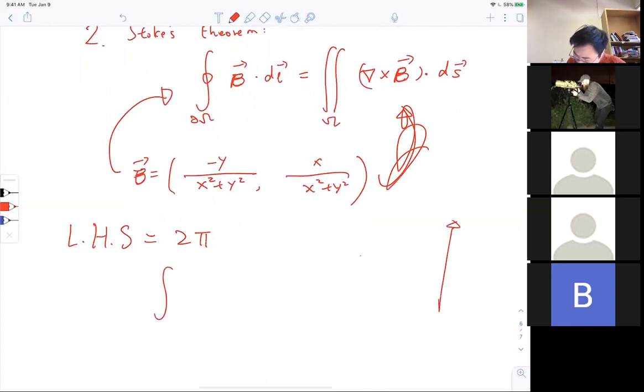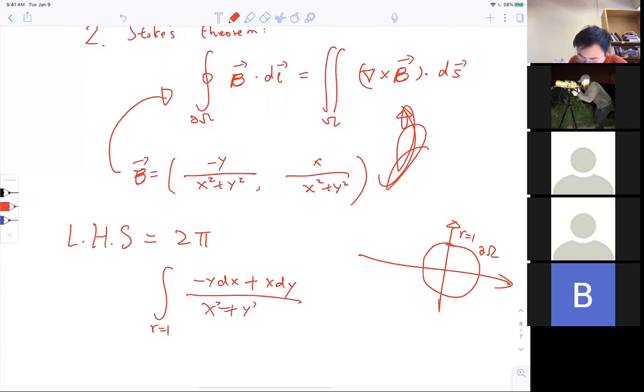I choose the boundary of omega as the circle with radius r equal to 1, and you plug in minus y dx plus x dy over x squared plus y squared. By the way, x squared plus y squared is 1 because we're integrating on r equal to 1, so this is 1.